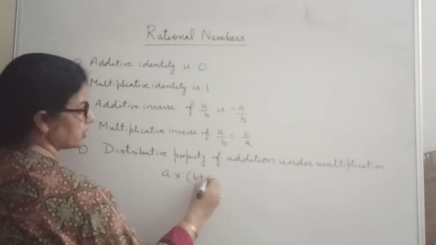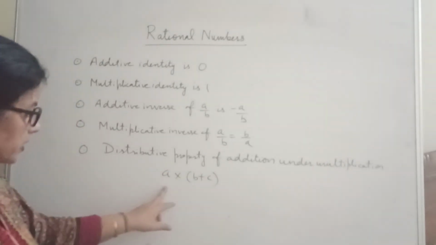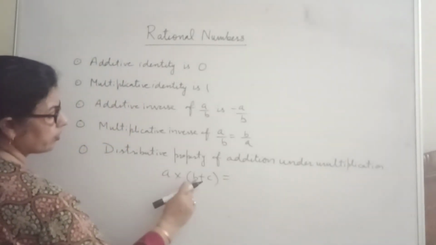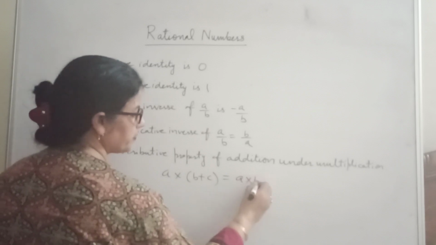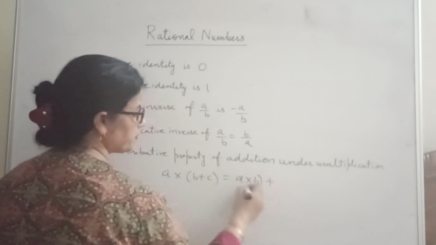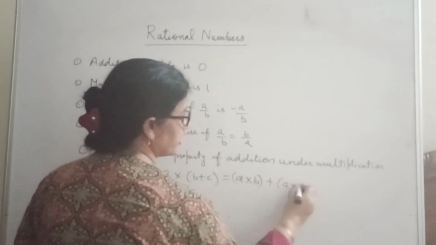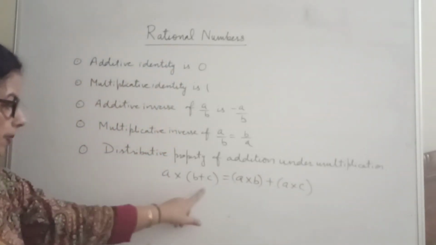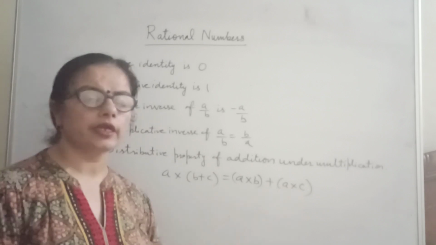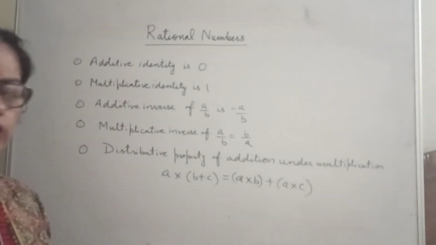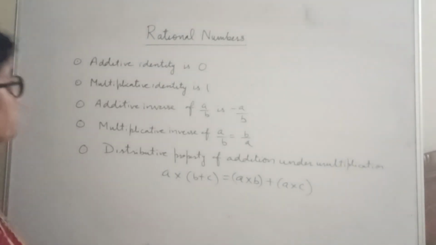Suppose A, B, C are three rational numbers, then A into (B plus C) is equal to what? First we multiply A with B, that is A multiply B, then the middle sign as it is. Again we multiply A by the second term, that is A multiply C. So A into (B plus C) is equal to A into B plus A into C, where A, B, C are rational numbers.